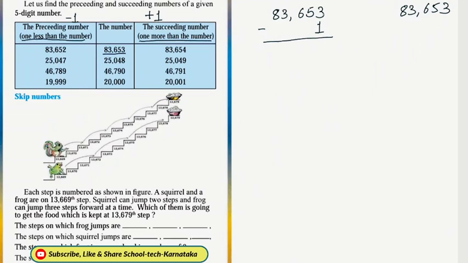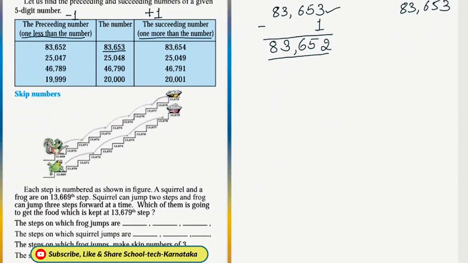So if we subtract 1 from 3, we get 2. The rest of the digits stay the same: 5, 6, 3 and 8. So the preceding number of 83,653 is 83,652.